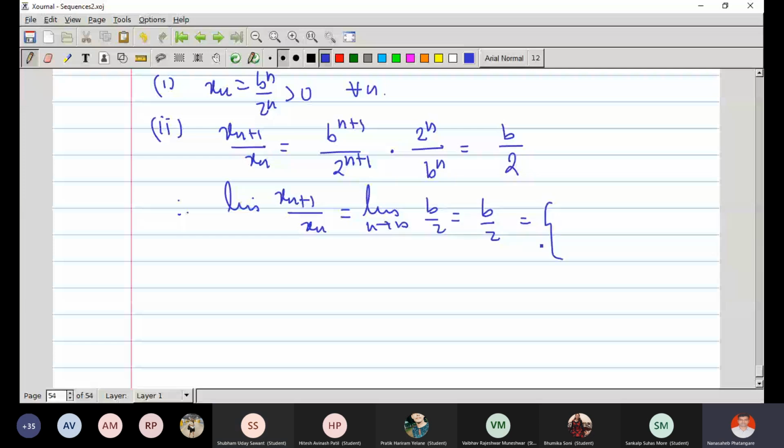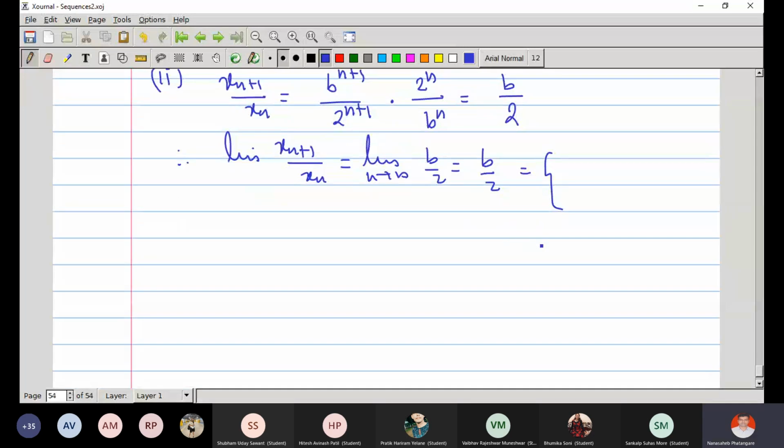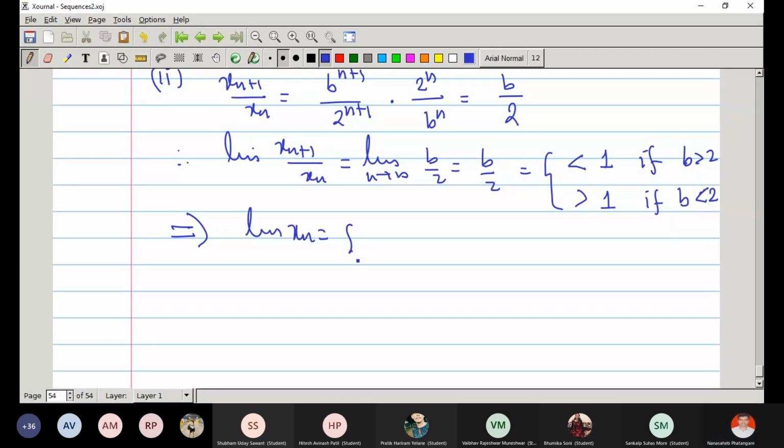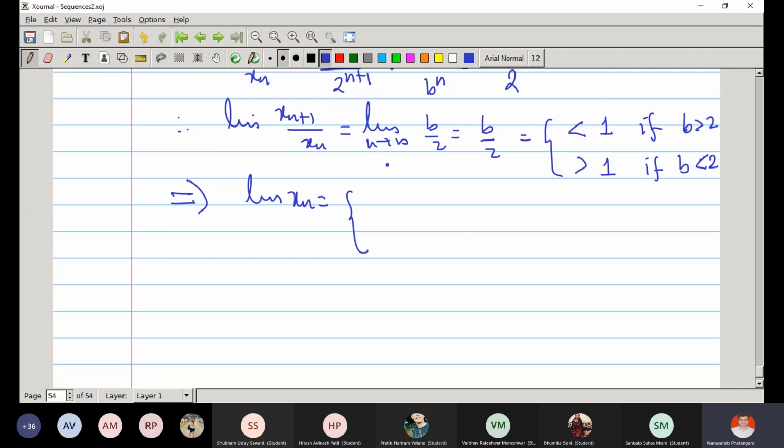Now what can you say about this limit? Is it greater than 1 or less than 1? It depends on b. It is less than 1 if b is greater than 2, and greater than 1 if b is, it will be the opposite. Let me check.